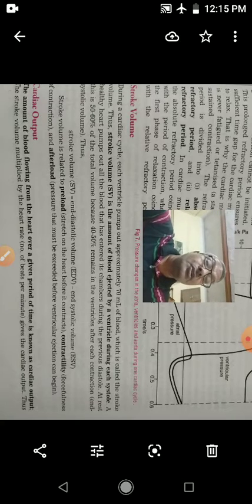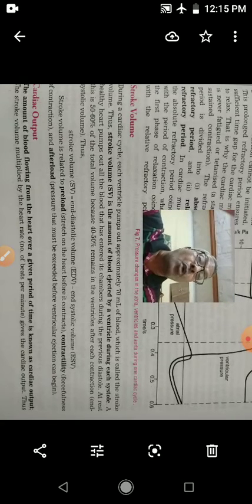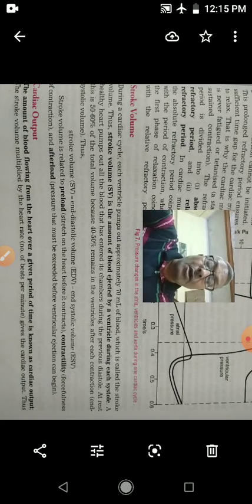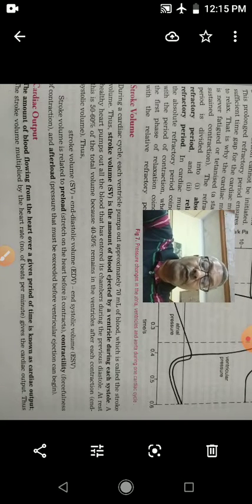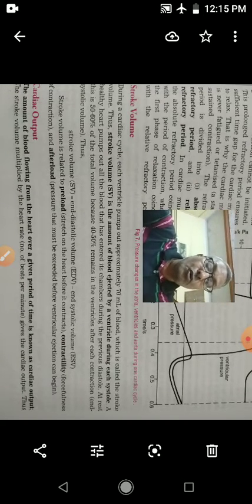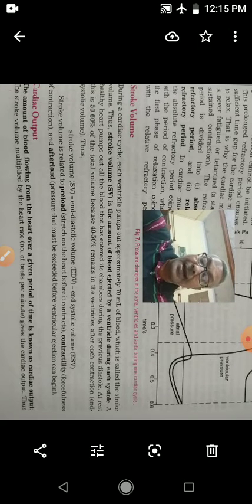Next, children, you have to know cardiac output. The amount of blood flowing from the heart over a given period of time is known as cardiac output.